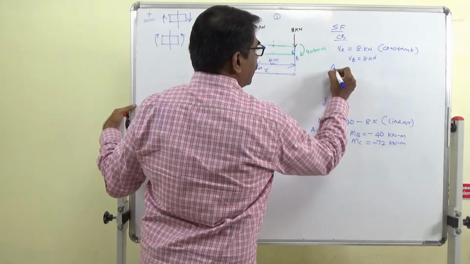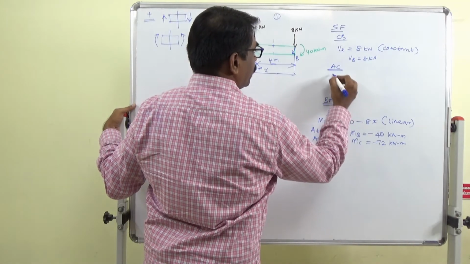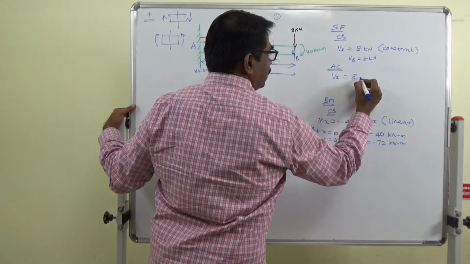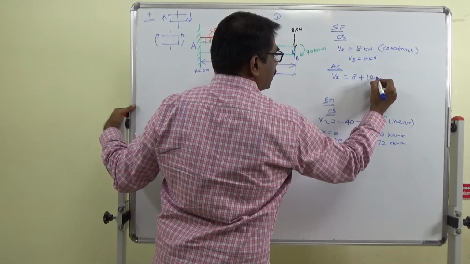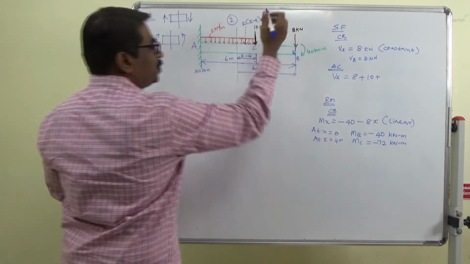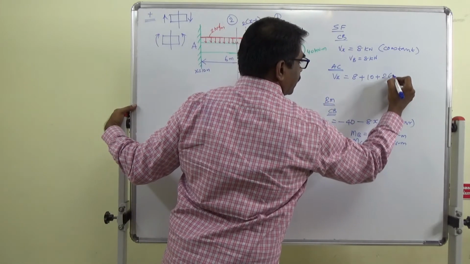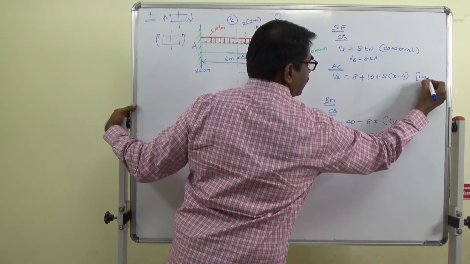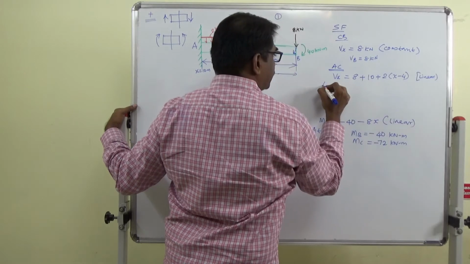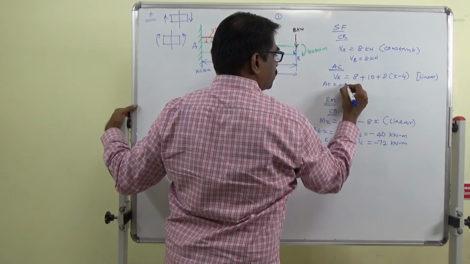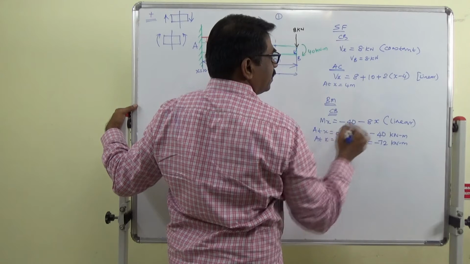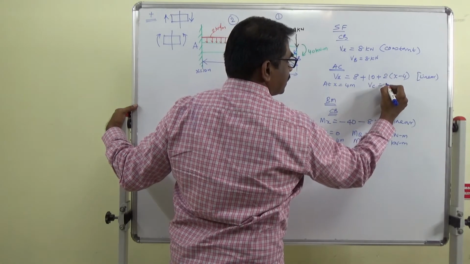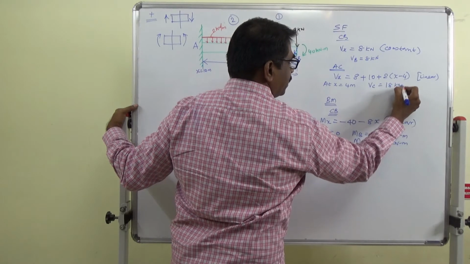So between AC, Vx equals 8 kilonewton plus 10 kilonewton plus 2 into x minus 4. So it is a linear expression. At x equal to 4 meter, this term will go, so VC is 18 kilonewton.